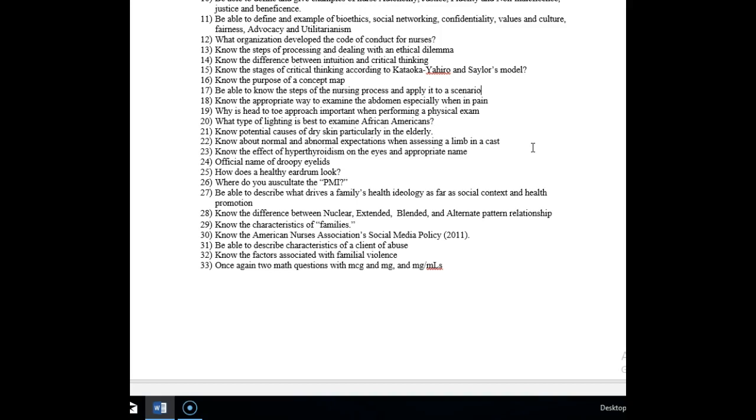So basically, when you are auscultating, you're trying to listen with your stethoscope for whatever sounds are produced by the body.